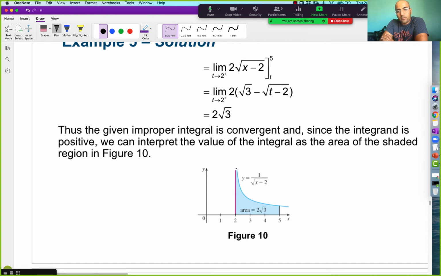Right? So there's always a little gap here, an infinite amount of space that's always there. But even though this shoots off to infinity, the whole thing does converge. The area, starting from here, going that way, even though there's a little hole here that goes off infinitely high, that whole area is just 2 root 3.